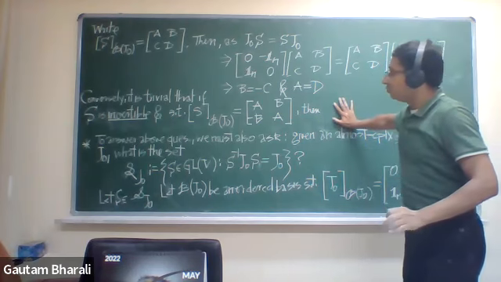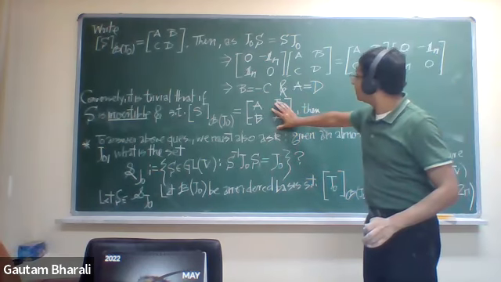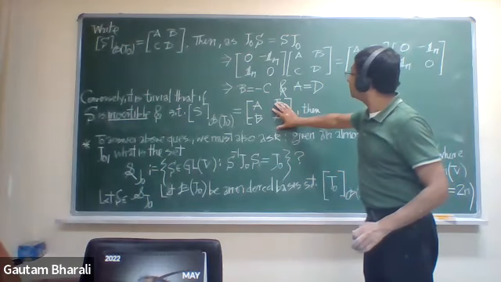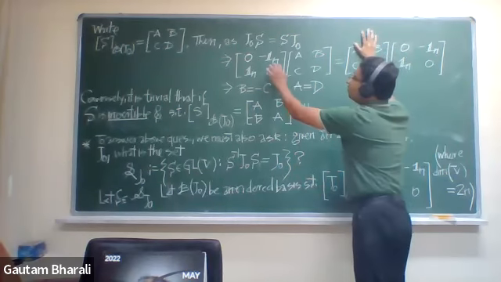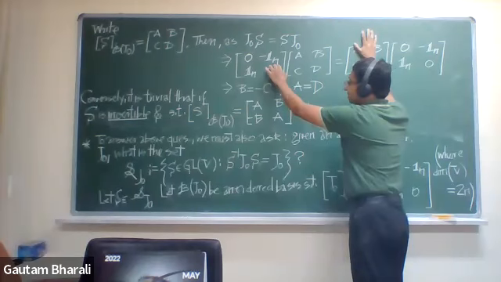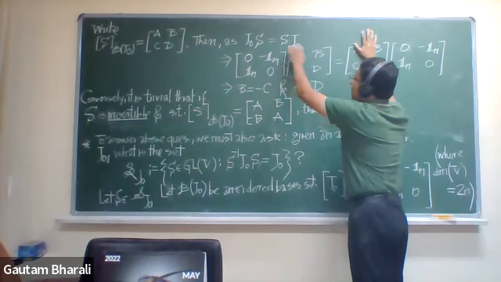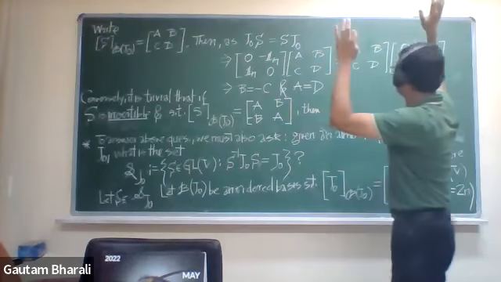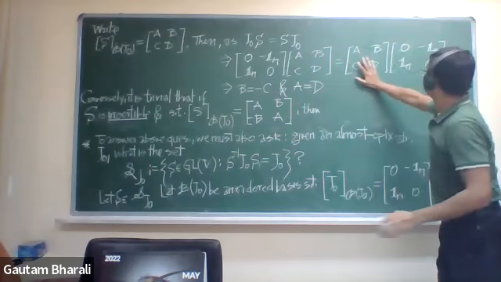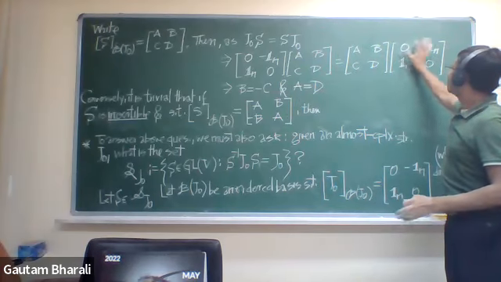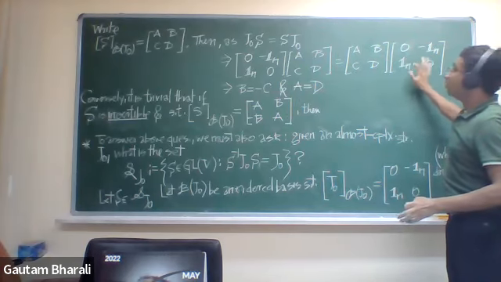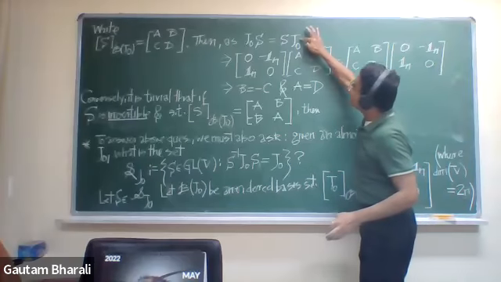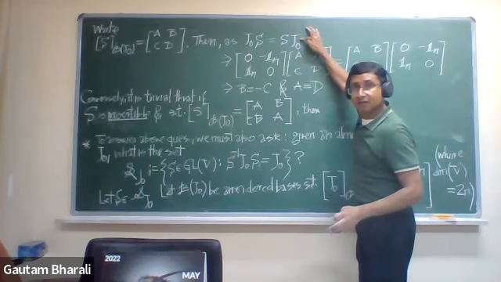Okay, so let's write down what we have. So suppose you have something like this. Then if you multiply this matrix to a block matrix that looks like this, it'll have to come out as this matrix multiplied by this special 0, minus 1, 1, 0 matrix, which gives us this, right?